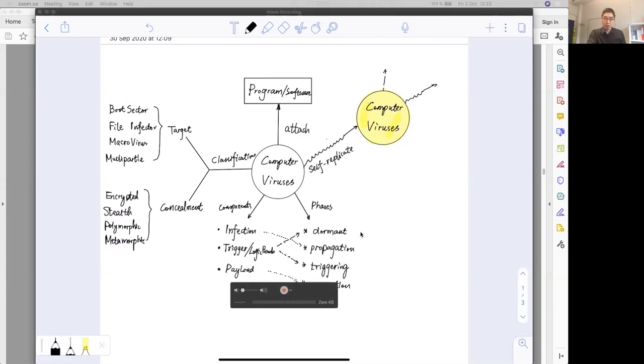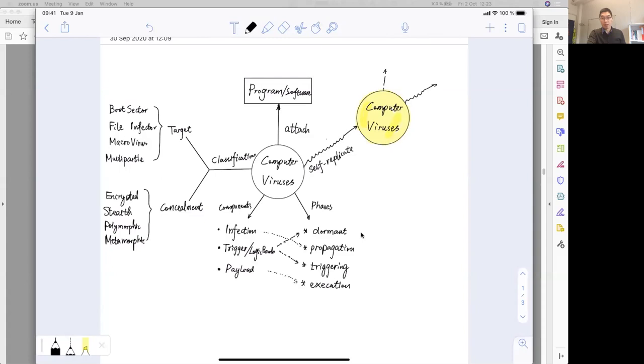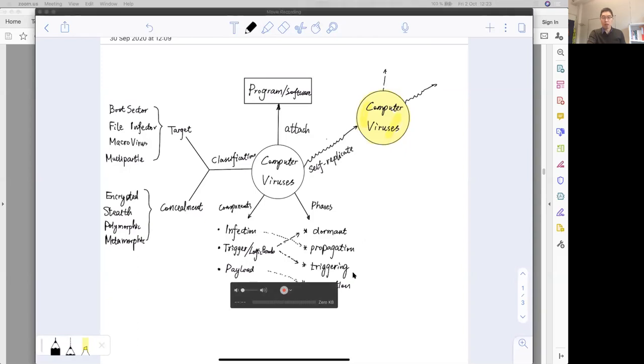So the first phase is the dormant phase. The virus is idle and waits for some conditions in the trigger part. And when some conditions in the trigger are satisfied, then it starts to propagate and start to run the payload.